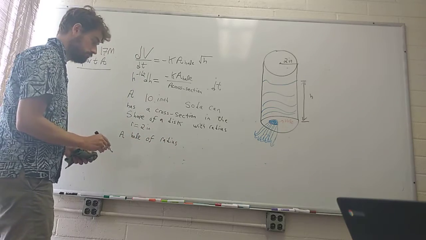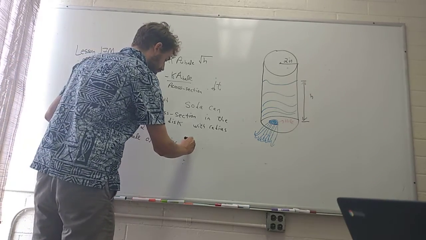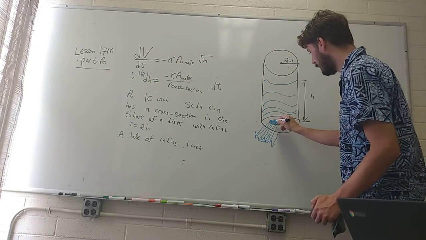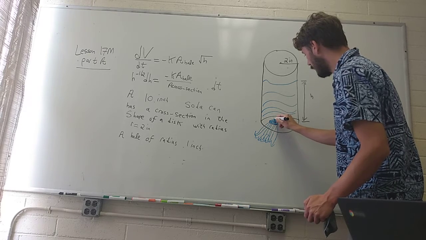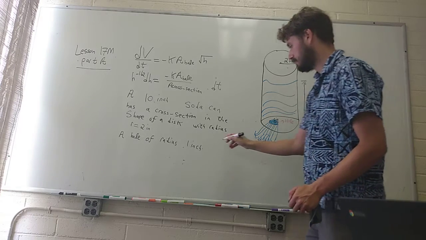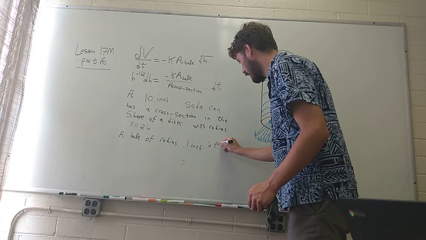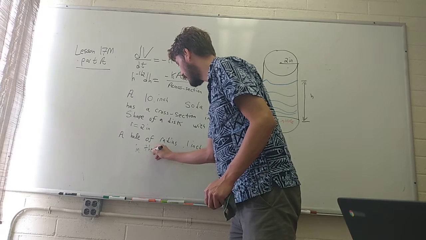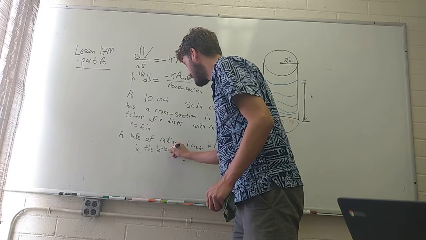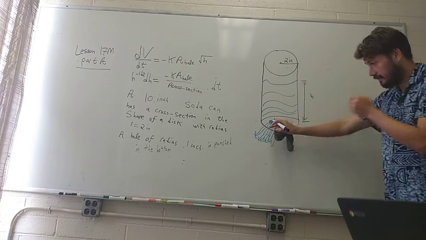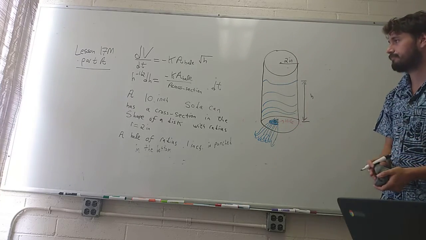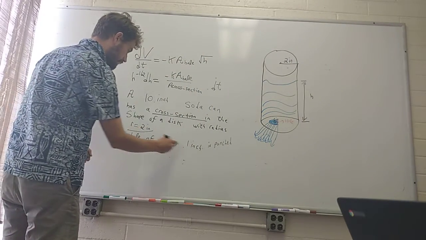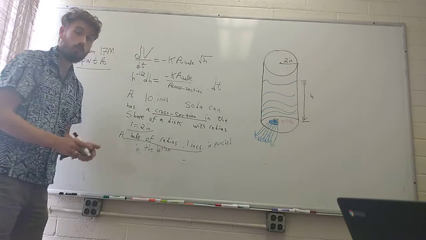A circular hole of radius 1 inch is punched in the bottom. As you can see, the liquid is going to leak. Cross section radius is 2 inches, and the radius of the hole at the bottom is 1 inch.